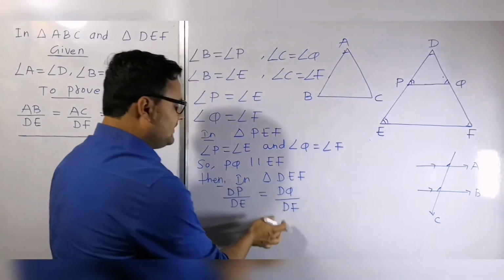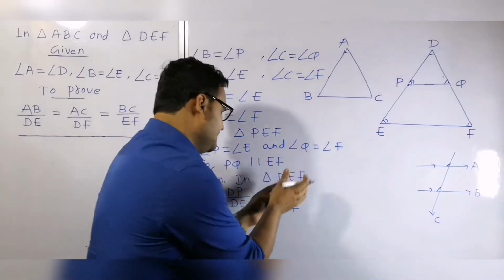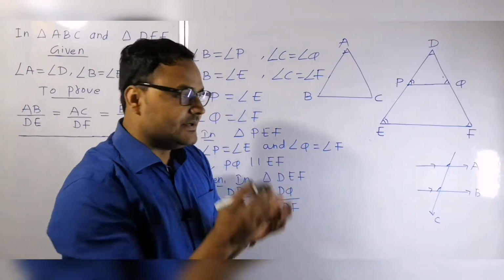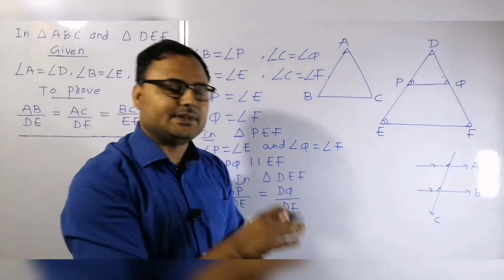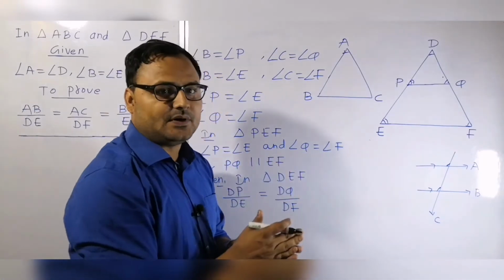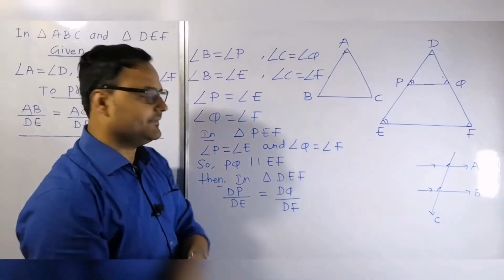And actually this is not Thales, this is corollary of Thales, but we are going to write it by Thales theorem. If you have any doubt in the Thales and the corollary of Thales theorem, in the description box the link of the theorem is given, just watch that one.